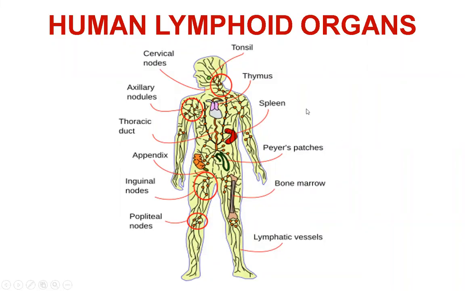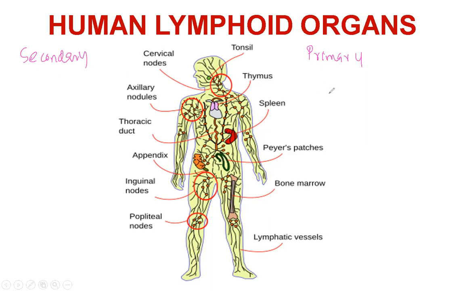Okay. Look at the human lymphoid organs. The immune system is composed mainly of lymphocytes. And lymphoid organs are organs where the lymphocytes originate or mature. They are of two kinds: the primary lymphoid organs and the secondary lymphoid organs.